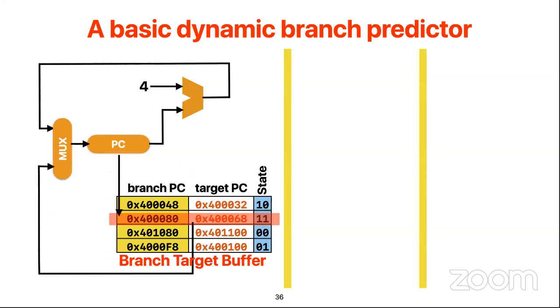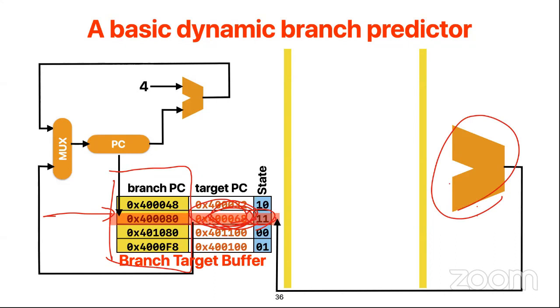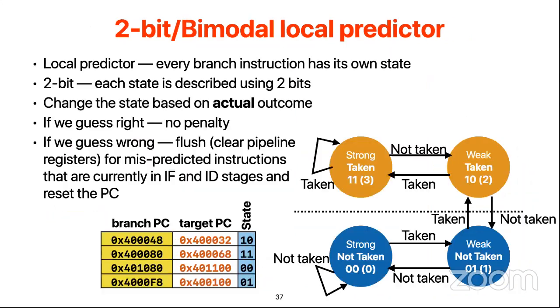But again, we only know the outcome of the branch after the execution stage. So you need feedback logic here to let you update your state and flush instructions if necessary. So that's the basic concept of a dynamic predictor.